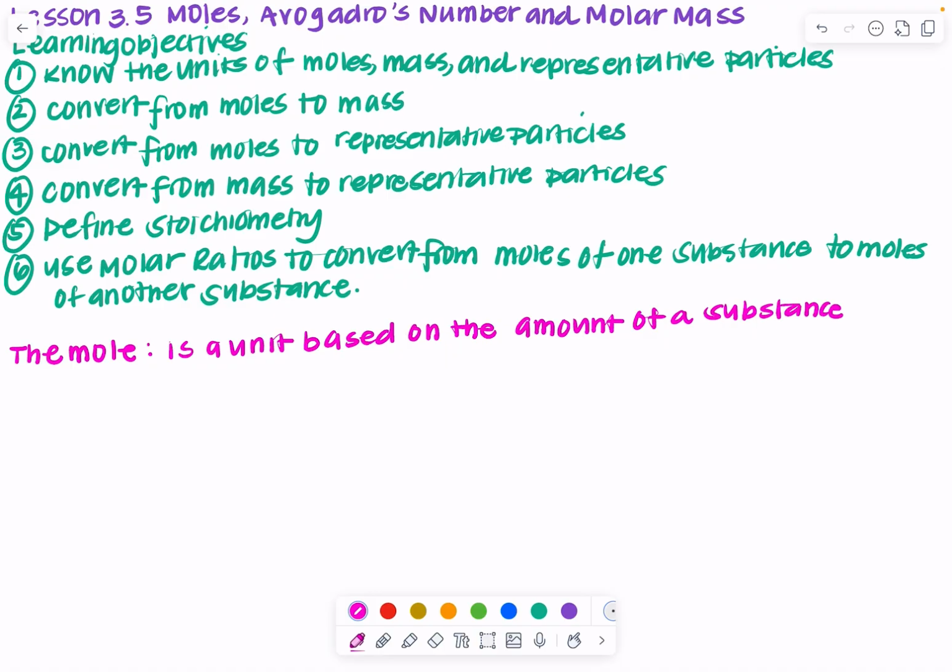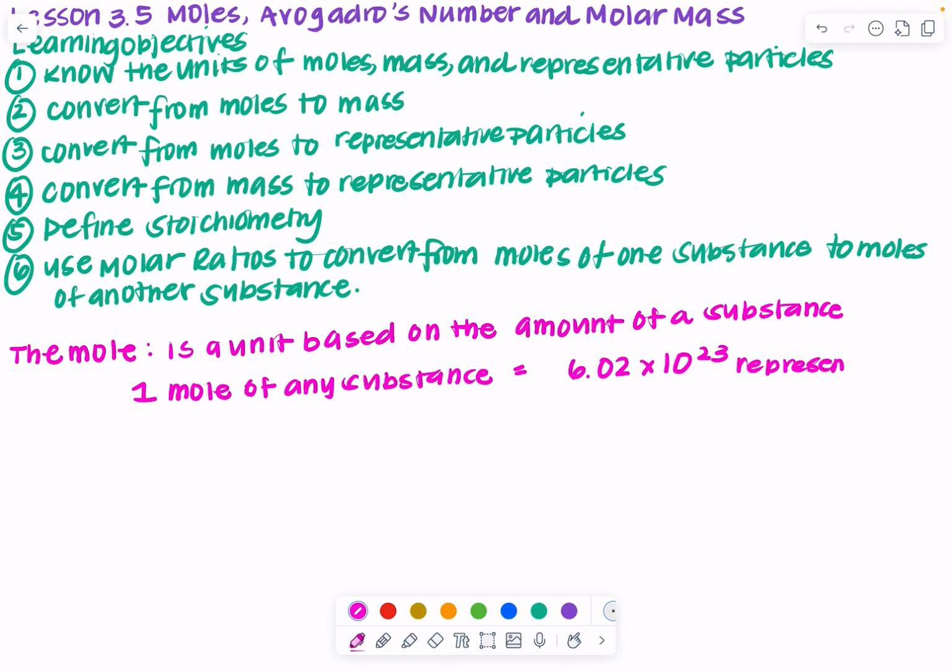And then we also said that 1 mole of any substance is equal to 6.02 times 10 to the 23rd representative particles. And remember, this number is also known as Avogadro's number.